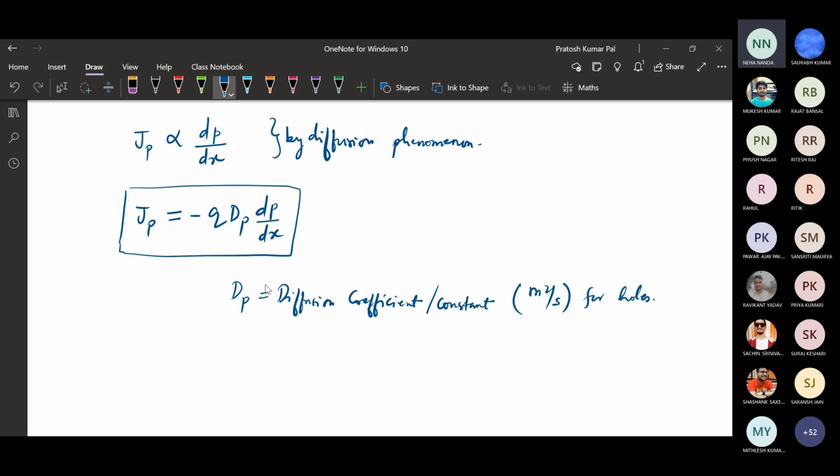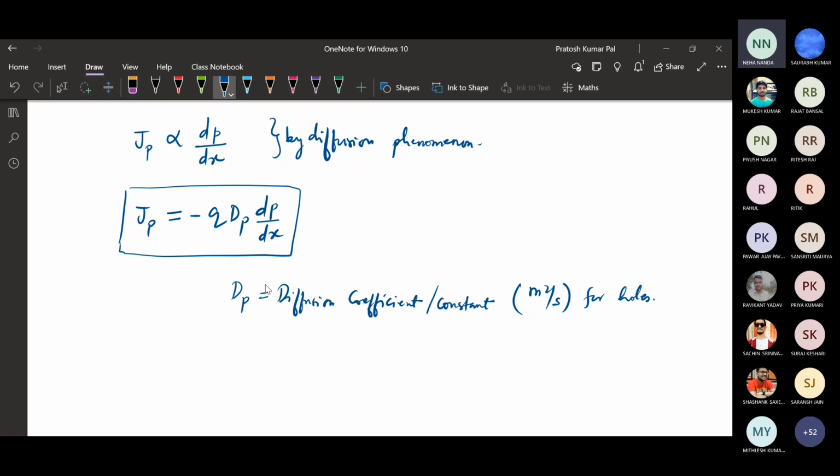In a similar case, if diffusion is taking place because of an electron concentration gradient, the coefficient will be Dn, and jp will be replaced by jn. This is the proportionality constant, the diffusion coefficient or diffusion constant.